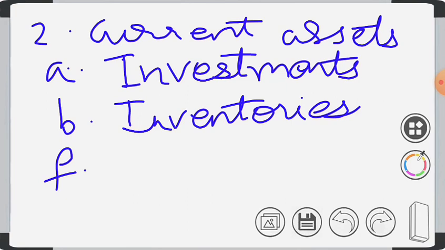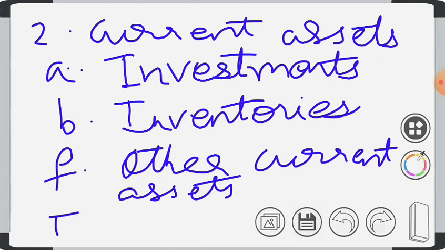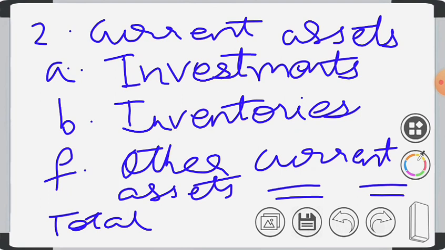F is other current assets. You have to write total and find the amounts of current period and previous period. So this is the form of balance sheet.